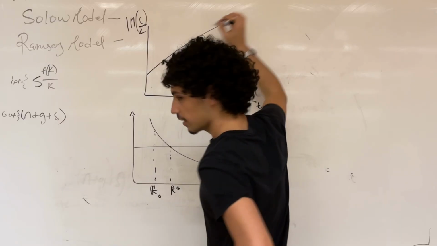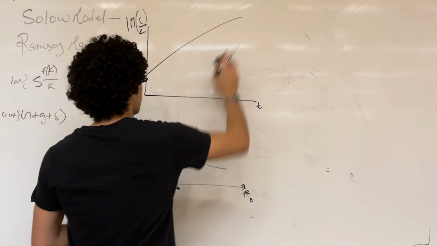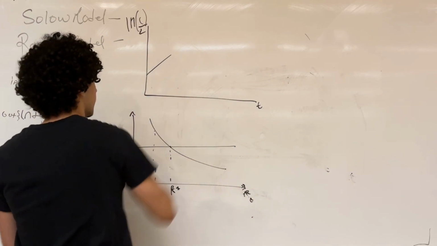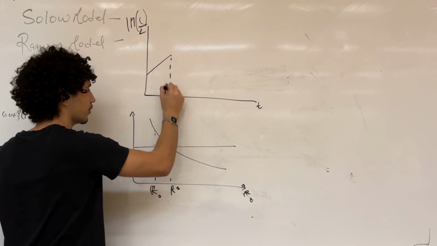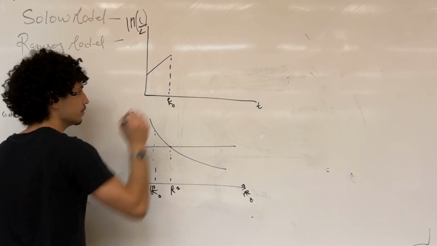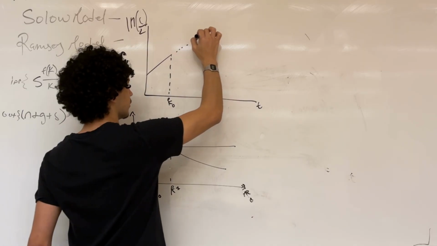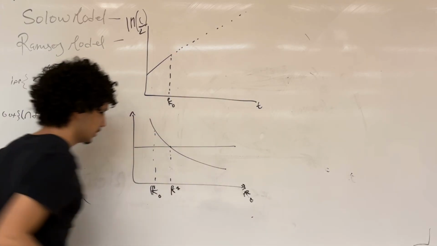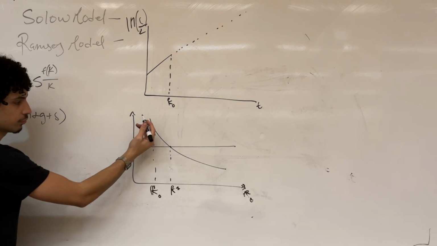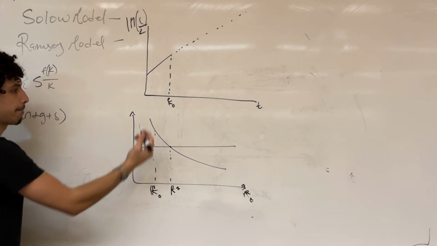So it's like that. But this is current, 0. So this is a projection of how much we would continue to grow. Right here. This is where we are.